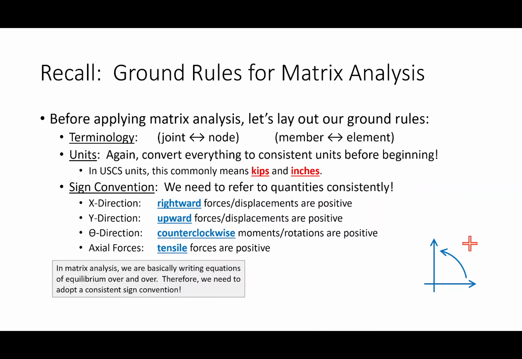It's the same idea here, so we need to adopt a consistent sign convention. Forces to the right are positive, and tensile forces are positive. The stuff going up and down and the rotations won't matter for a bar analysis, so you can ignore the y direction and the theta direction for now.